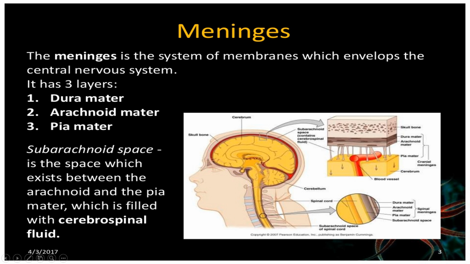Now, also part of the meninges is the subarachnoid space. This is the space that exists between the arachnoid mater and the pia mater, right here somewhere, and this is filled with cerebrospinal fluid. Cerebrospinal fluid, or CSF, is very important.